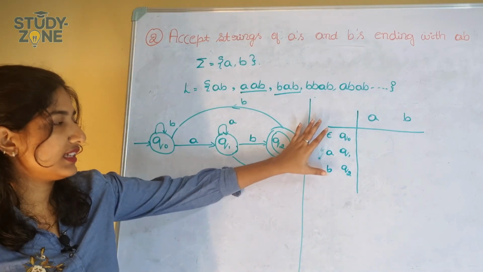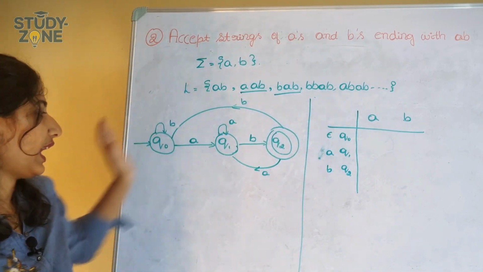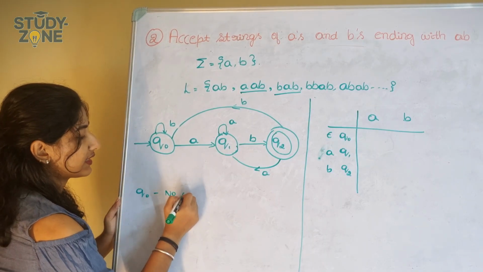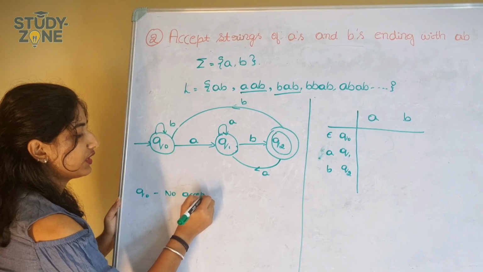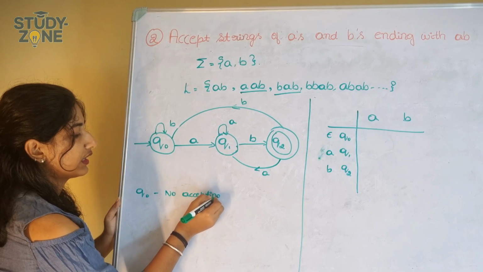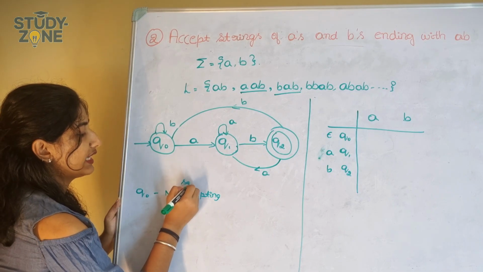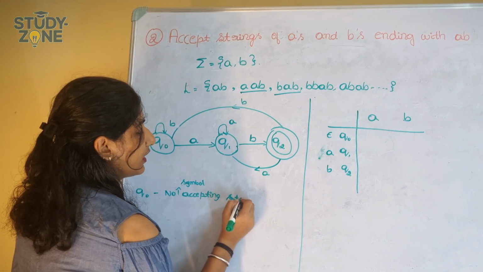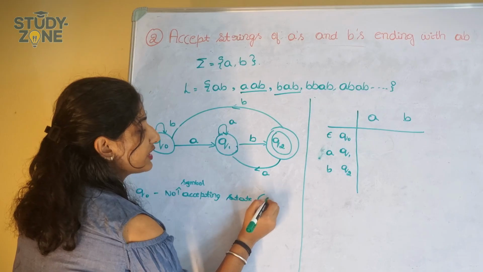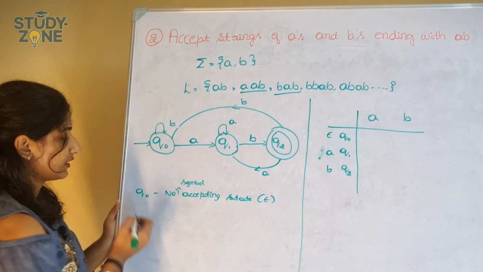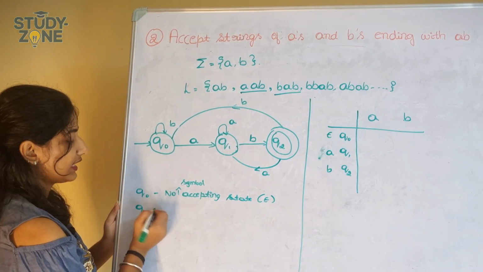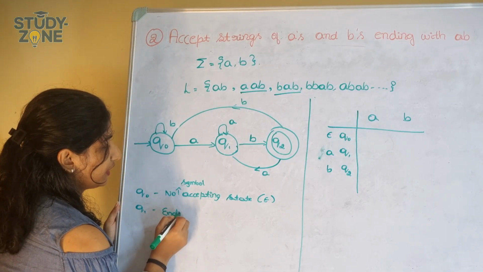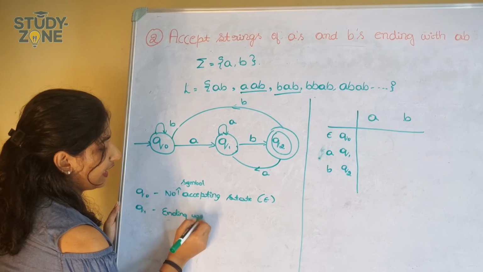So how to write this? Here Q0 is the no-symbol accepting state, right? Which means no symbol means epsilon, right? So Q1 is the string ending with A.